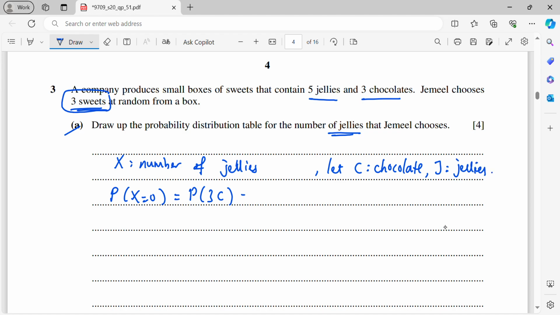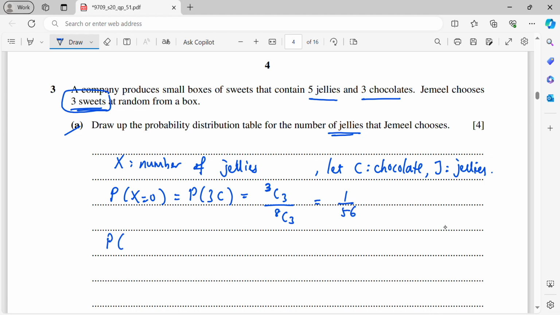If 3 chocolates, I will say 3 choose 3 over 8 choose 3, because he chooses 3 sweets at random. So I can say that the selection is done at the same time. That's why 3 choose 3. Therefore, this is going to be 1 over 56.